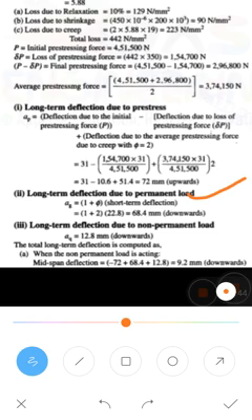Okay, so the long-term deflection due to the non-permanent load is 12.8 in the downward direction. So the total deflection here: one is 72, which we determined earlier, and 68.4, which we determined previously from the permanent load, and 12.8, the long-term deflection due to the non-permanent load.